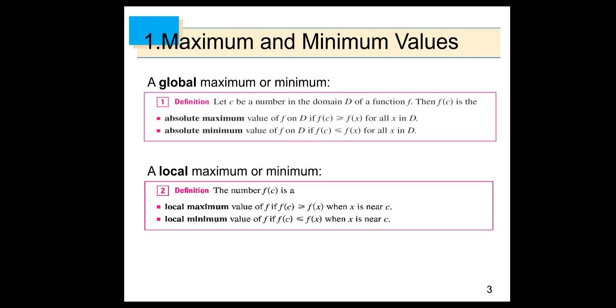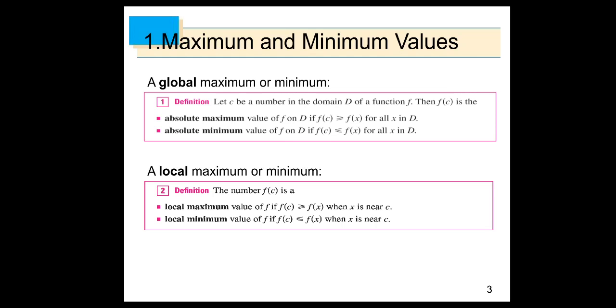It means that there are lots of other values as well, but when x is closer to c, we can compare those values and find whether it's a maximum or minimum. So actually it's talking about a small interval in that whole big function.